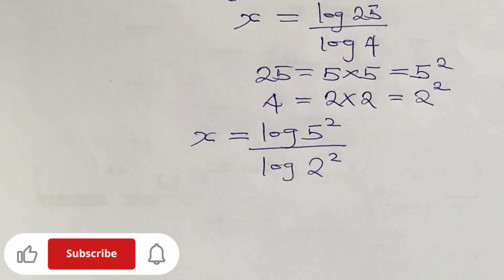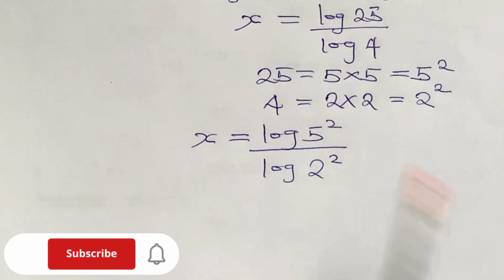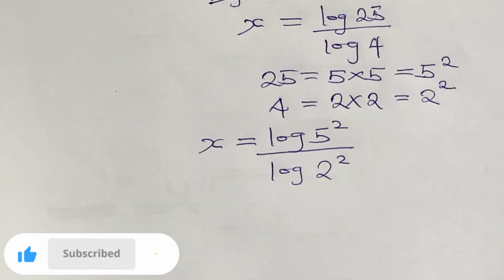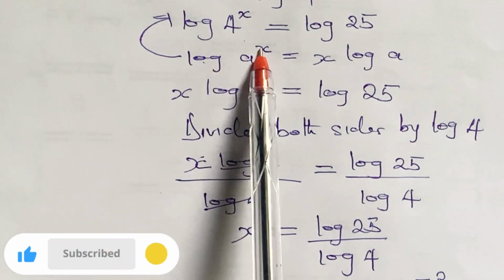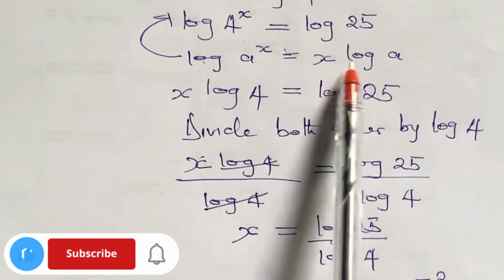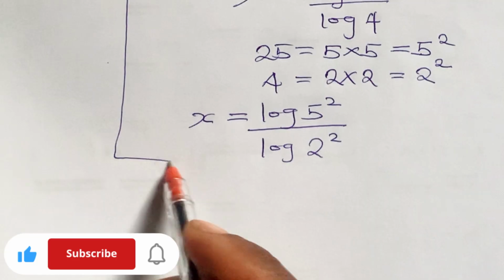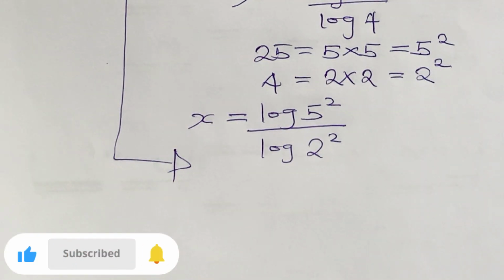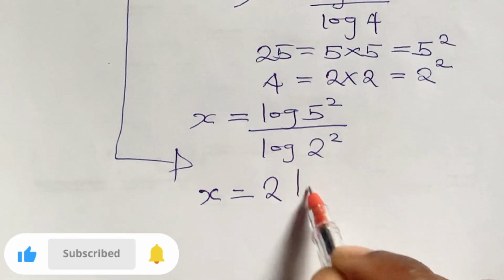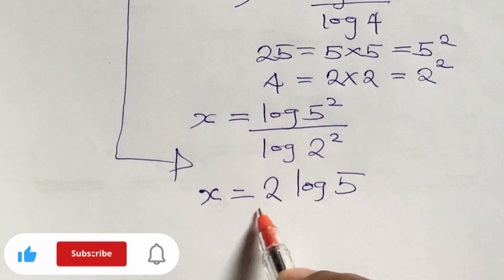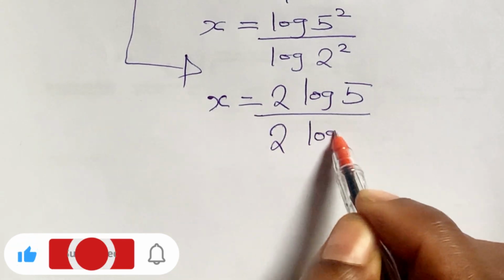Now like I said earlier, when you have log a to the power of x, it is equal to x log a. So let's apply this here. Now it becomes x is equal to 2 log 5 all over 2 log 2.